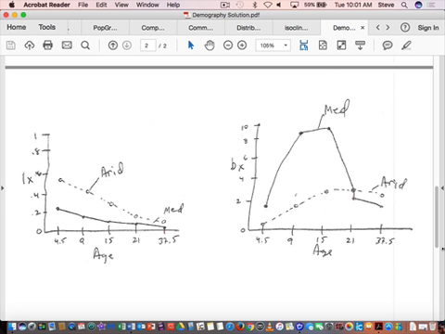If E1 over H1 plus S1 is not greater than E2 over H2, then that would lead to the expectation that they should eat both. They should generalize. Again, I don't give you the equation for this one, so you have to memorize that one. So just think about the steps. I'll give you the energy content and handling time and the search time for all the prey items, right? And then just go from there.